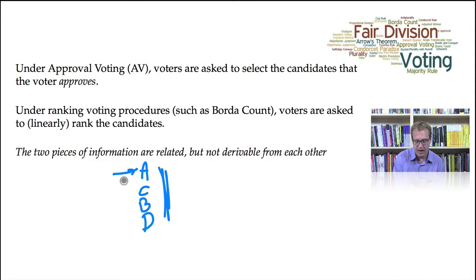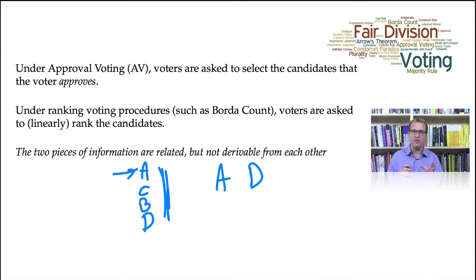I might approve of candidate A, I might approve of just candidate A and C, and so on. Similarly, if I tell you that I approve of only A and D, you may be able to say, well, that means you somehow rank A and D above B and C, but it doesn't tell you anything about the ranking between A and D and between B and C.